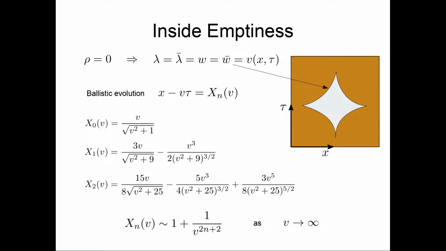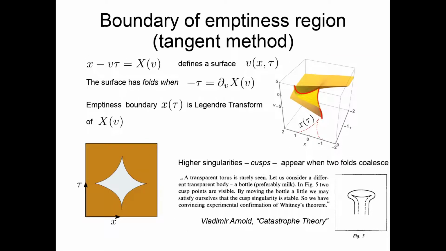So by looking at approaching these 2 points, I deduce that the right-hand side should go to plus or minus 1, but the power law in these solutions depends on the index n. And one can deduce this form, and I think there is an interesting phenomenon here, which is my take on the tangent method, namely the boundary can be seen in 2 different ways.